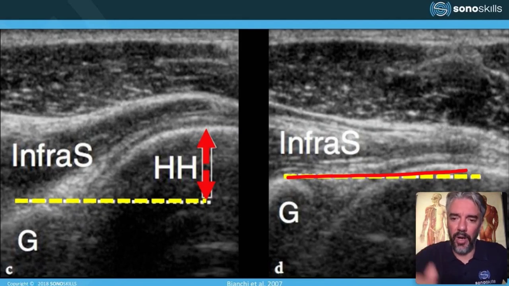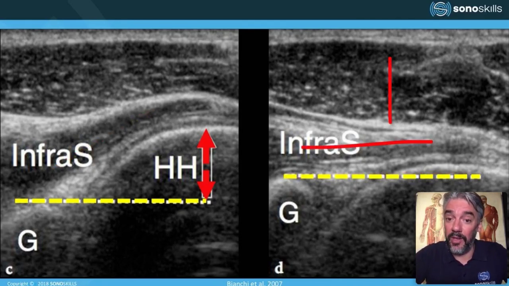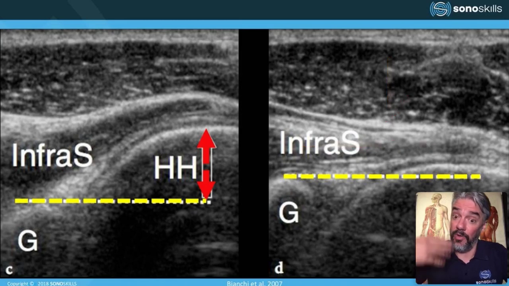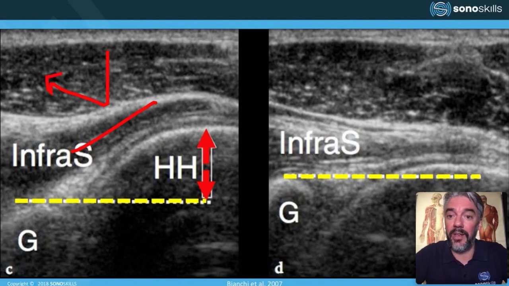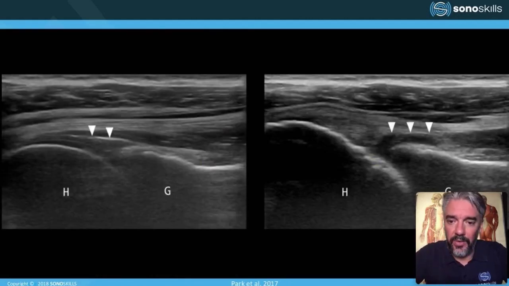Wow, this infra is bright, it's very hyperechoic, it's not as dark as this. But this is horizontal, so we have perfect perpendicular scanning, very bright fibers. This is anisotropy, and it becomes quite dark. So in this case, I always send the patient back to the doctor or for an X-ray.